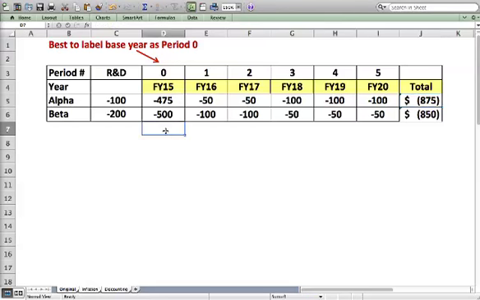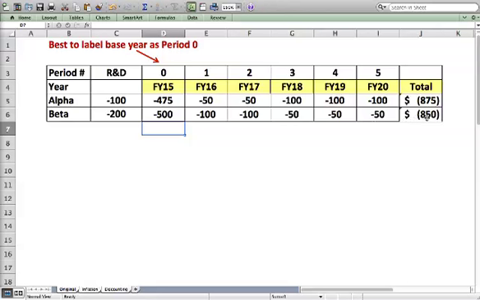If we simply sum up the costs that will be incurred, the first year, FY15, includes both the procurement costs as well as 1 year of O&M costs. And remember, the O&M costs for Alpha were 50 for each of the first 3 years and 100 for the latter 3 years, and vice versa for Beta, 100 for the first 3 years and 50 for the latter 3 years.